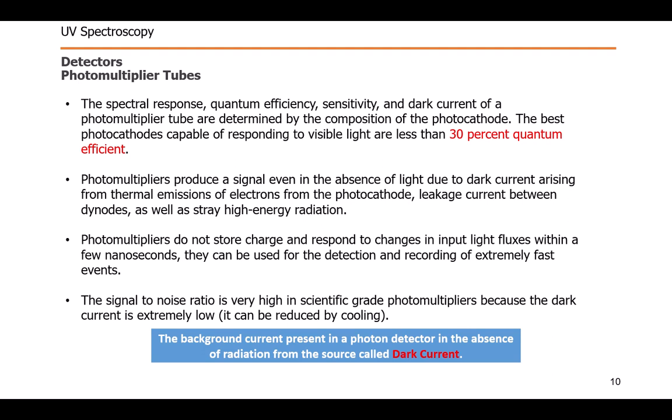So these are good to record extremely fast events. The signal to noise ratio is very high in scientific grade photomultipliers because the dark current is extremely low, so these are the best. Only one precaution is taken: they are kept cooled.